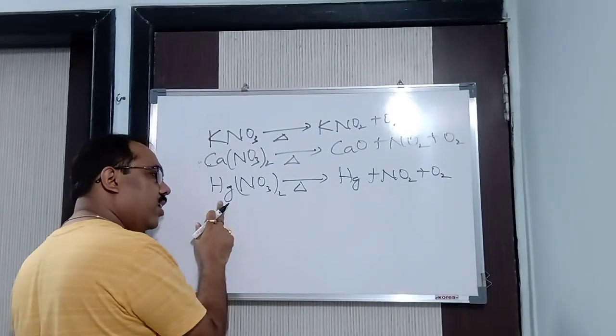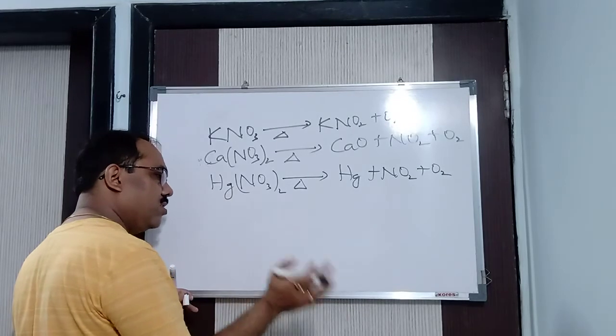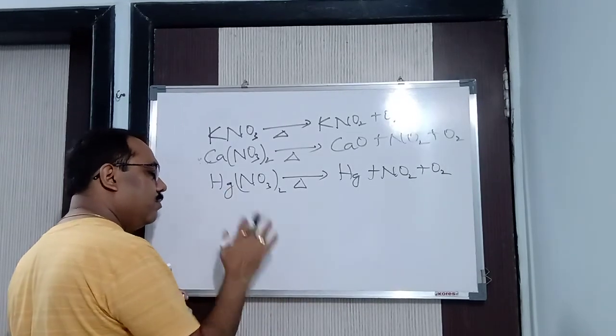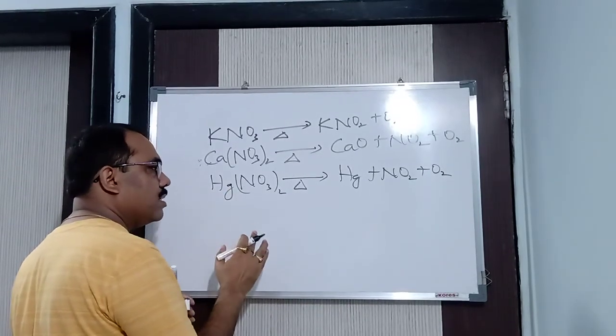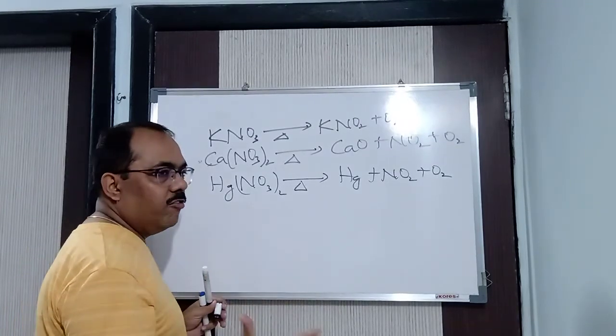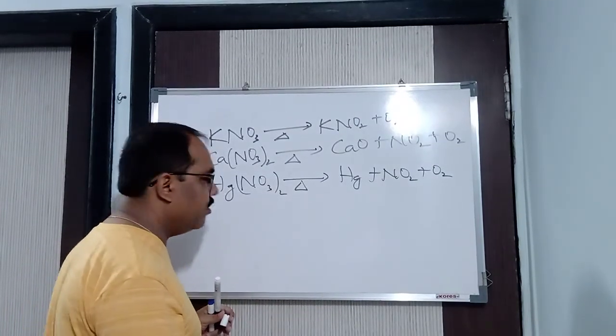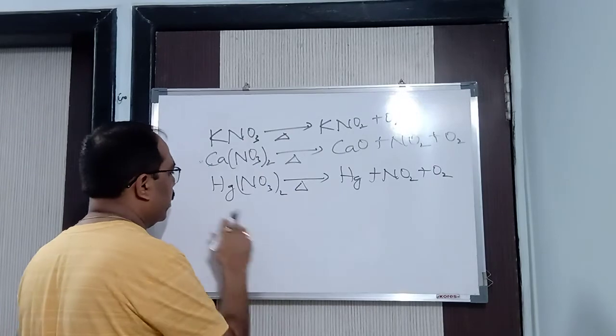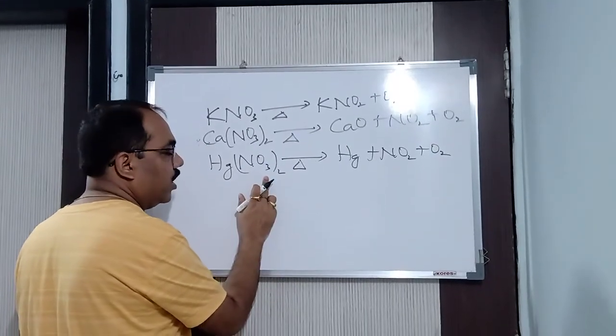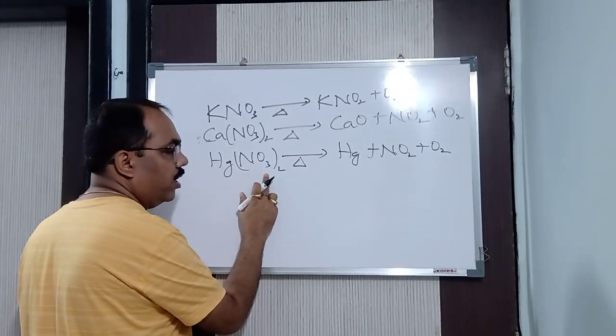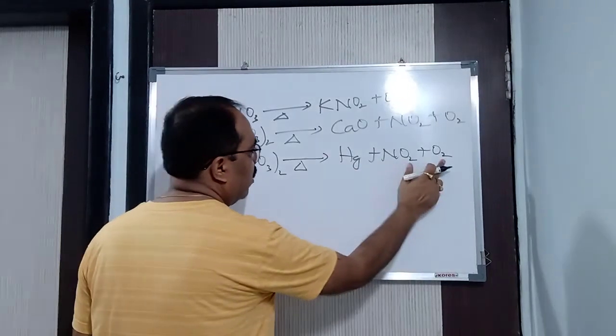Mercuric nitrate and silver nitrate, since after copper we have mercury, silver, gold and platinum. Gold and platinum never form nitrates, and if they did it would be a waste because they are very costly metals. So mercuric nitrate or silver nitrate on heating gives metal plus nitrogen dioxide and oxygen.